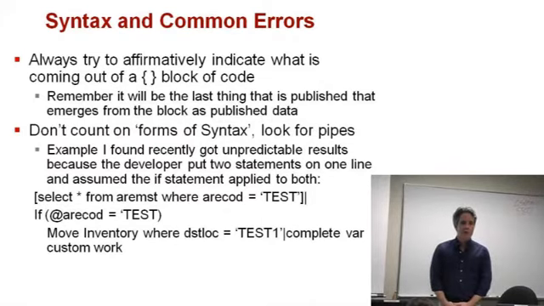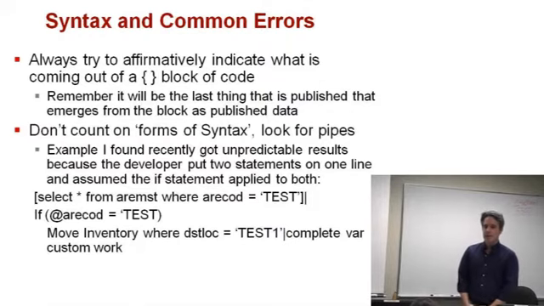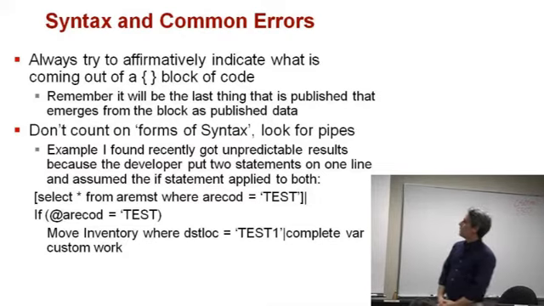Now, the one thing I would say is if I see a select as the last statement, then I know that's just as good as publishing data out of there, right? So if I see the select as the last statement coming out of a bracket block, fine. But if you're just doing stuff, like if this, and then nothing comes out of there, I don't even know how to read that. So be affirmative about what comes out of a bracket block.